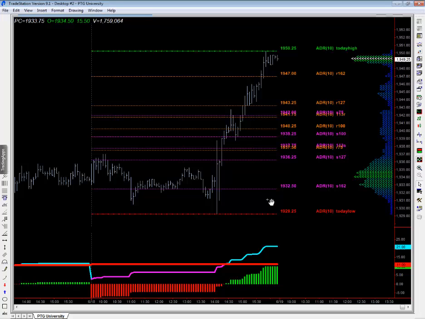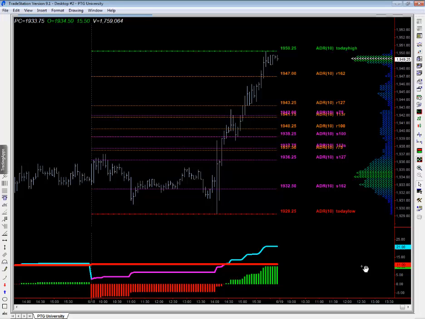So that is that particular calculation and display. Now what this does is it calculates dynamically the current intraday low or the intraday high. So let's take a look here. Today's low is 1929.25. The 10-day average daily range is 11 points.